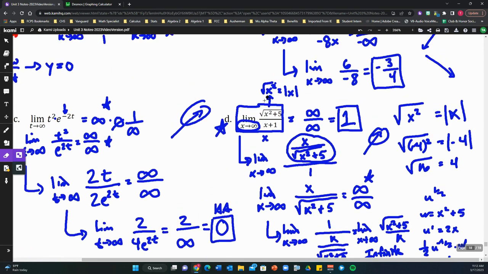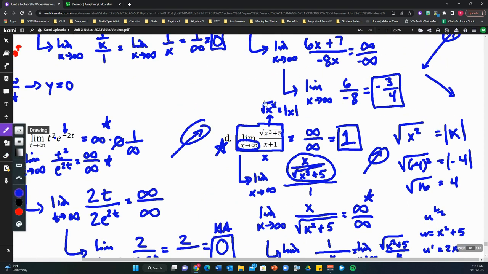So another example, we could actually make one up here pretty quickly. Let's say that I had x to the second power over the square root of x to the fourth plus 2. If I tried to take the limit as x approaches infinity, I get that indeterminate result, but then the first iteration of L'Hopital's would give me 2x over 4x cubed over 2 square roots of x to the fourth plus 2.